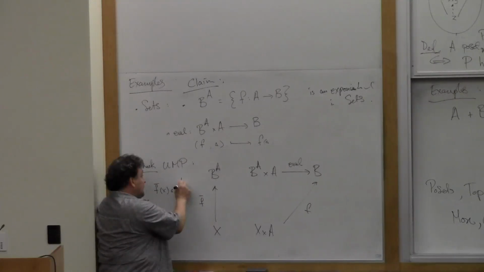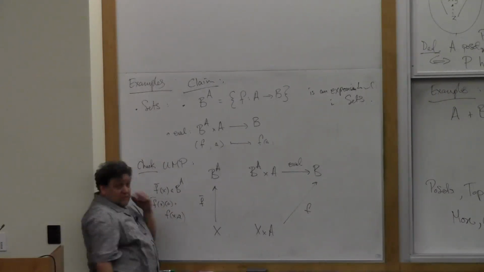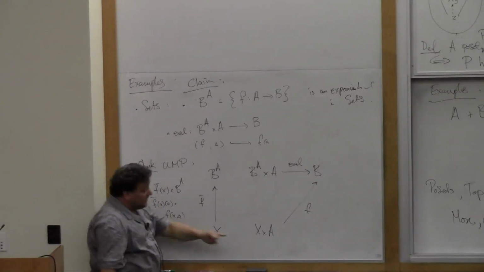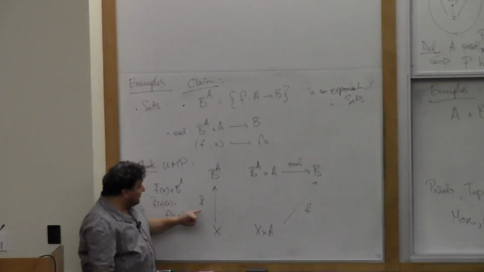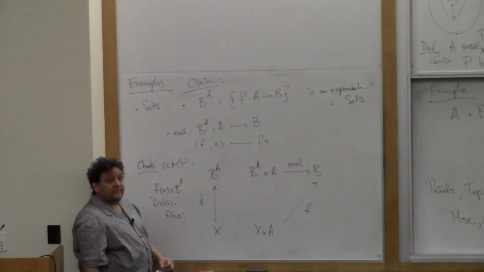Of course, I'll take the function f bar x, which at an argument a gives me f of x a. It's the lambda transpose, the currying of this function in two arguments gives me this function in one argument, taking values in functions. Yep?